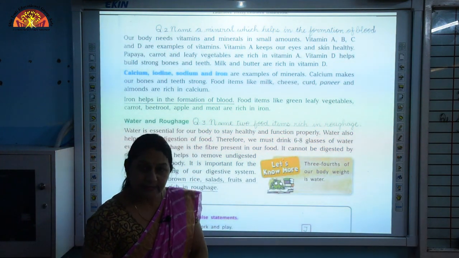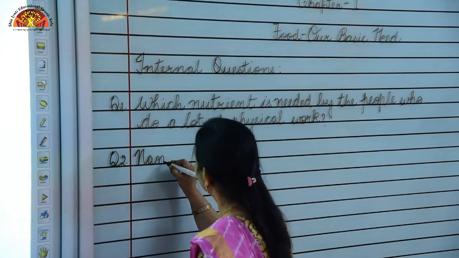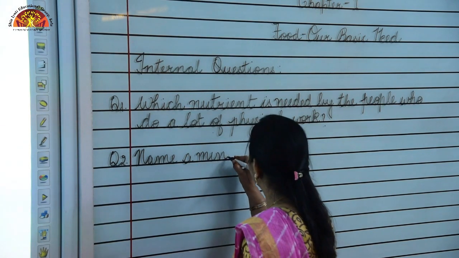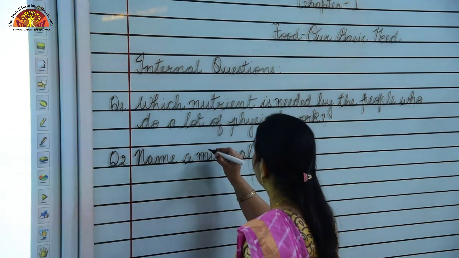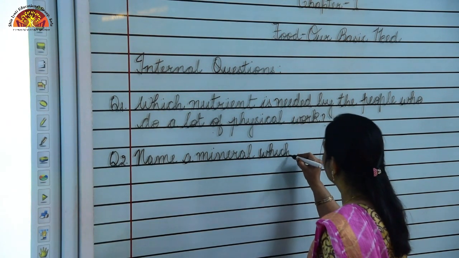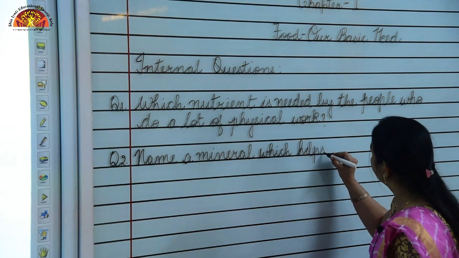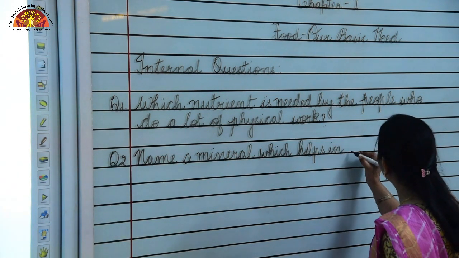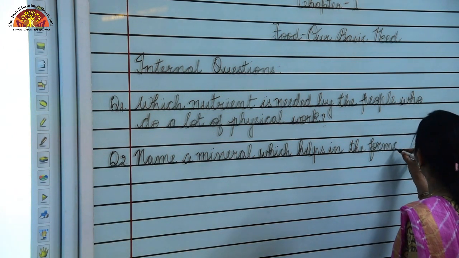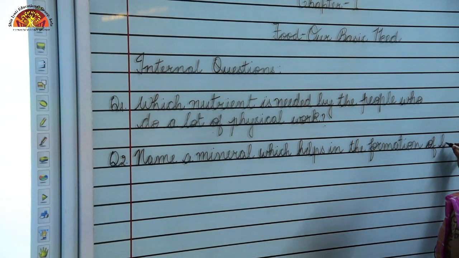Let us write the second internal question: name a mineral which helps in the formation of blood.